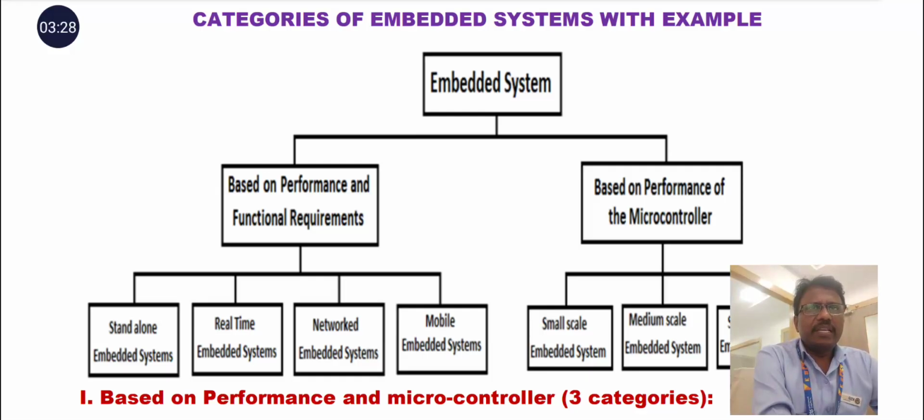Second one is medium scale embedded system. Now let us move to the second category. Suppose you want to design a washing machine or an ATM machine. Do you think an 8-bit controller is sufficient? No. These applications require faster processing, more memory, better communication, multiple input and output devices.